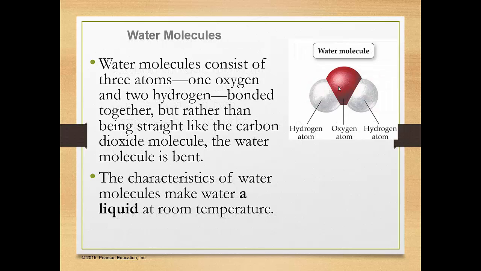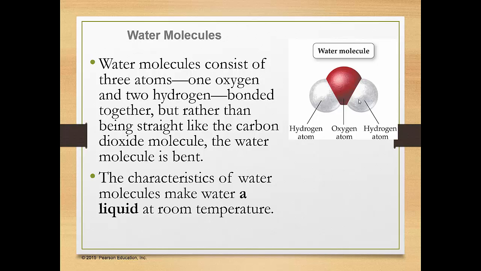Water also has 3 atoms. It's got 1 oxygen and 2 hydrogens, but instead of being straight like that carbon dioxide molecule, it's bent. Okay, and don't worry about why for now, but we'll talk about that as we get into a later chapter. Now, not because it's bent, but because of other characteristics of water, it's a liquid at room temperature, as we know.